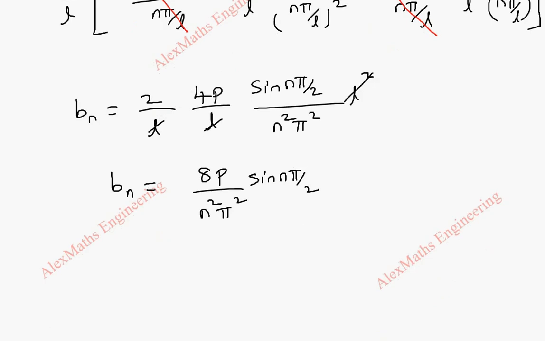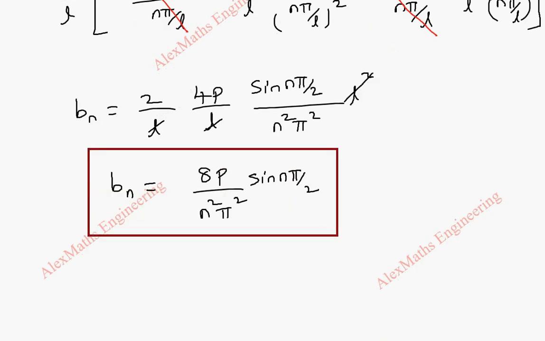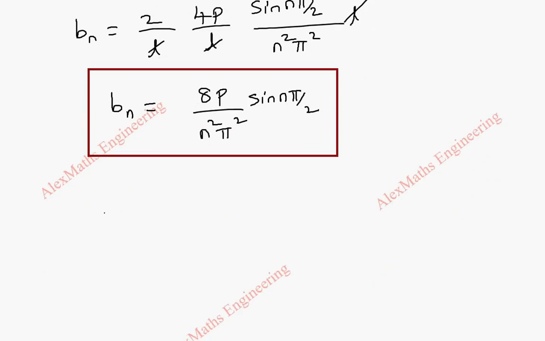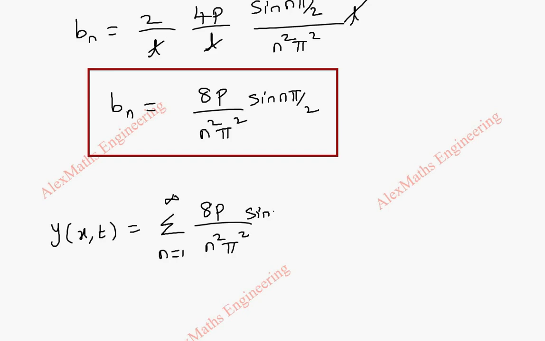After getting this Bn, we are going to substitute in y of x comma t. So y of x comma t will be summation n is from 1 to infinity Bn. Bn is 8p by n square pi square into sine n pi by 2.